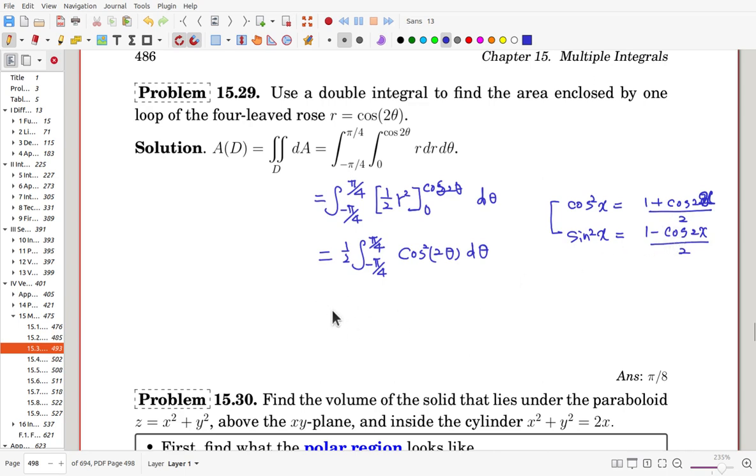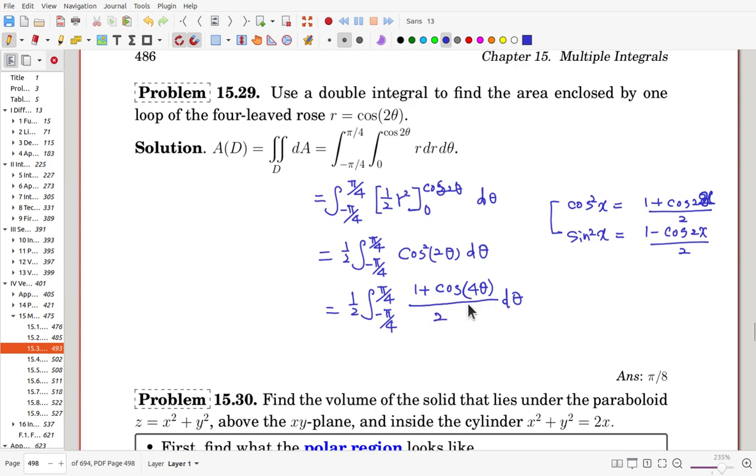Okay. So from here, that is half, minus pi over 4 to pi over 4. And that is half. Now x is 2 theta. So that will be 1 plus cosine 2x, that means that is cosine 4 theta, d theta. Okay.